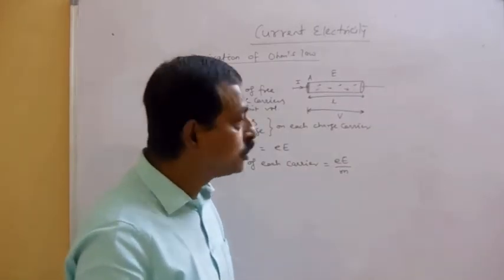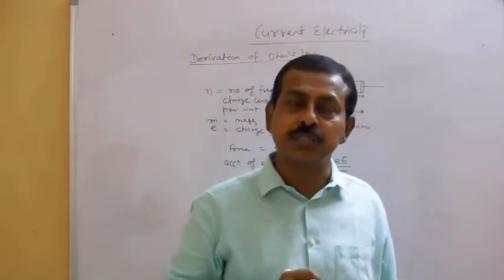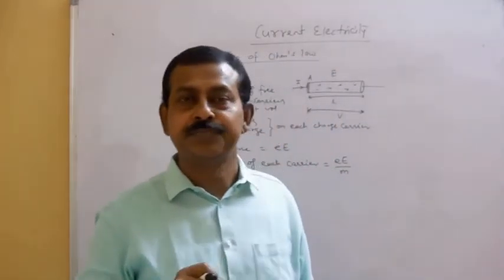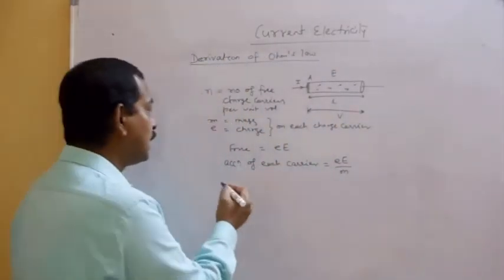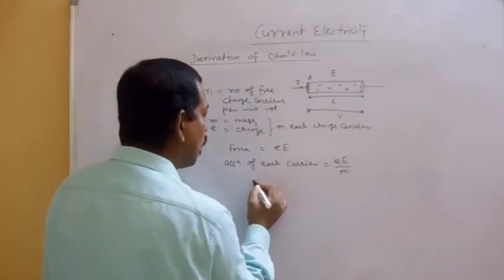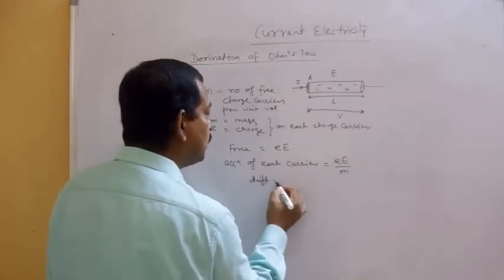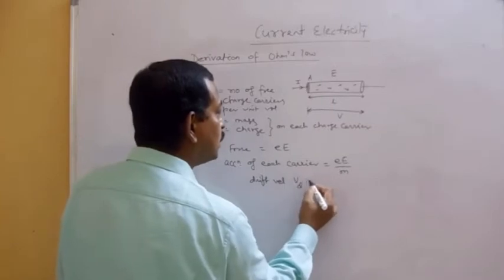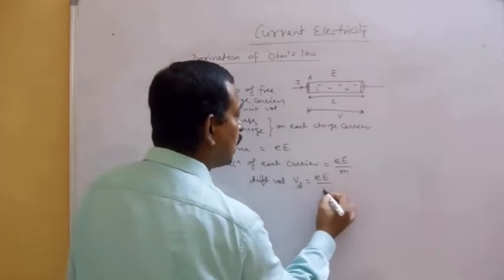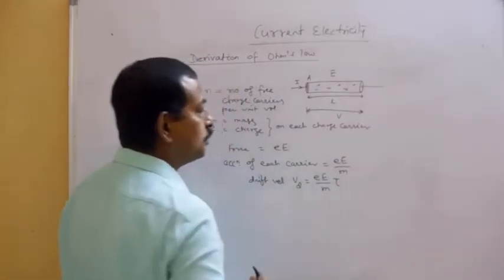So if we assume that the drift velocity is Vd, in that case its velocity, that is the drift velocity Vd, will be (eE/m) into tau.